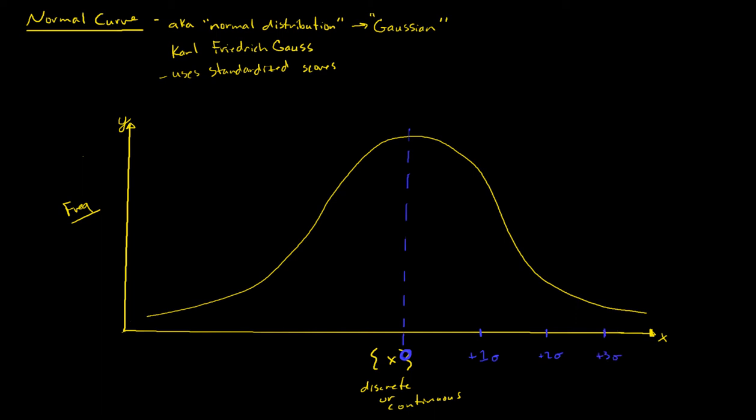We'll explain what these sigma mean in just a minute. And then if we go over here, we'll go negative 1 sigma, negative 2 sigma, negative 3 sigma.